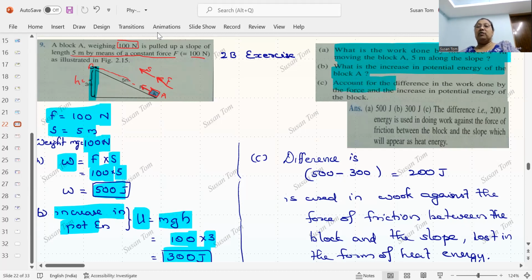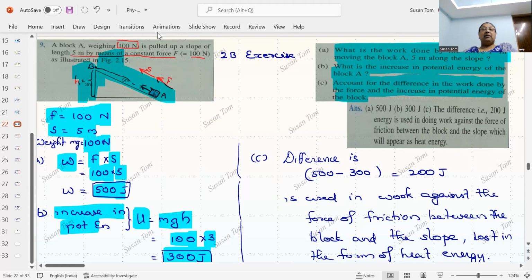C part: account for the difference between the work done by the force and the increase in potential energy of the block. Vertically, the increase in potential energy when it is raised, and through the slope when it is raised, are different; the energies spent are different. What is the reason?